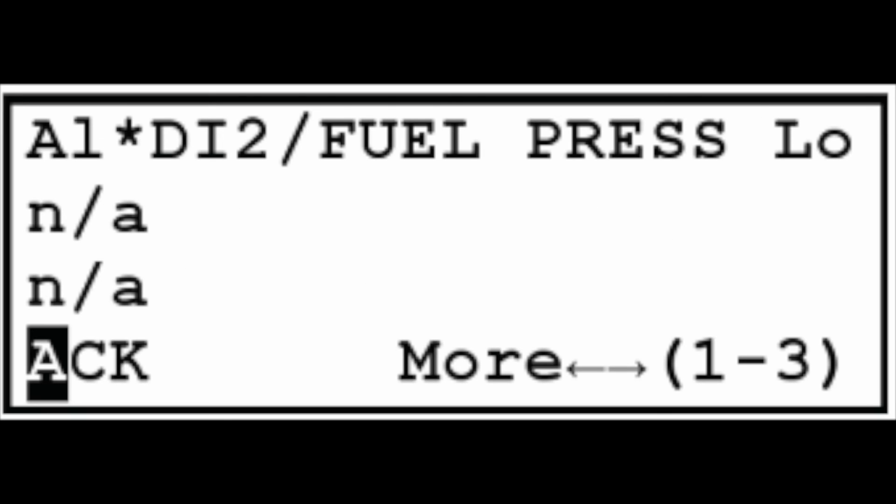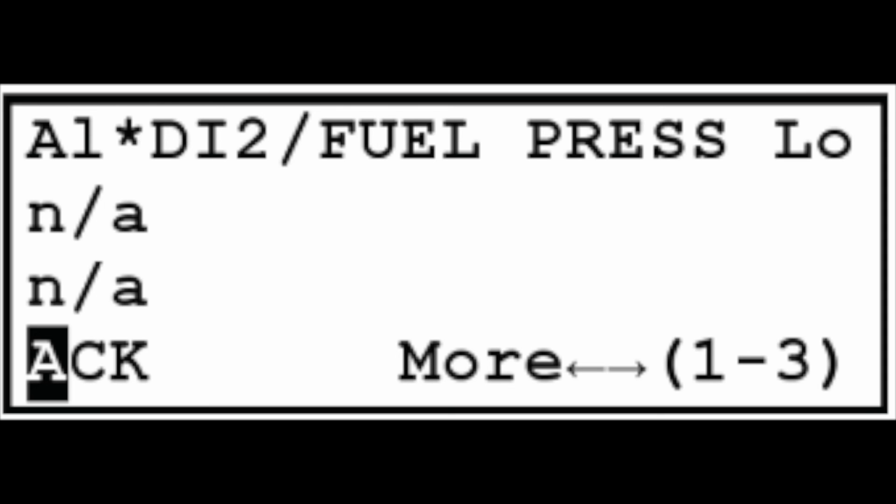So now we see a typical system alarm and warning page. We see an NA that indicates there's not an alarm or warning to display on that line. As depicted, this display indicates a fuel pressure alarm for low pressure. This would be a common alarm for a system that has the gas line turned off.